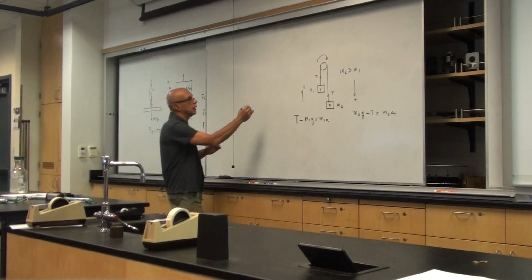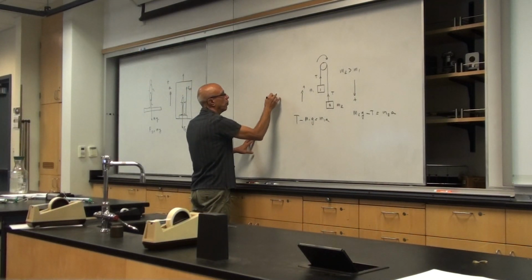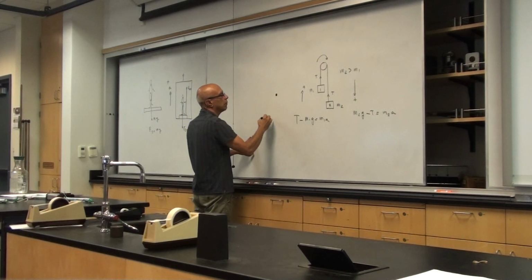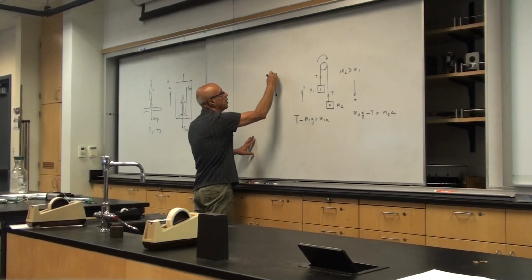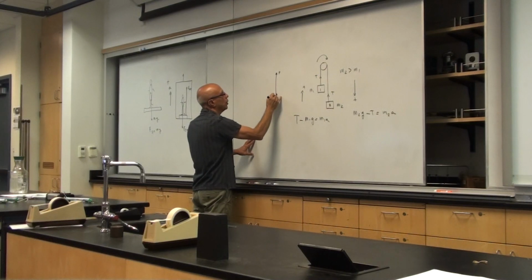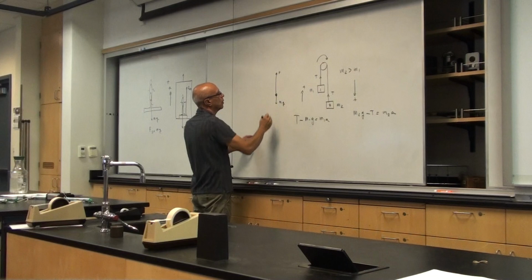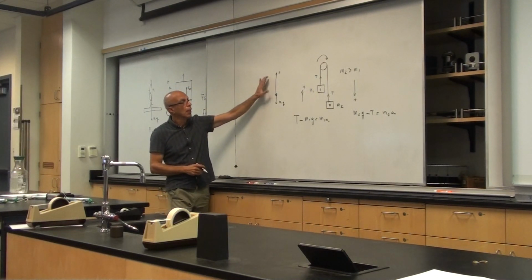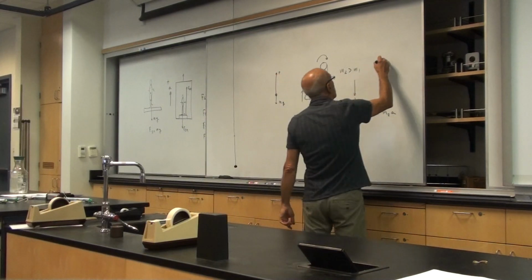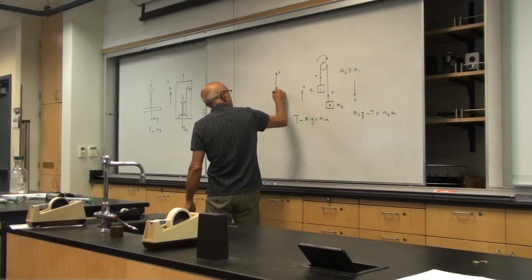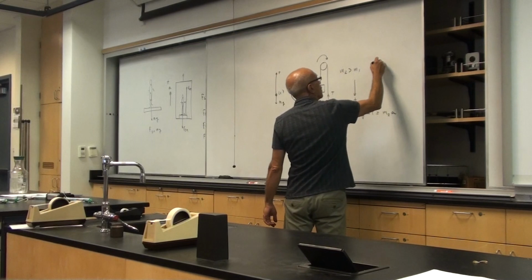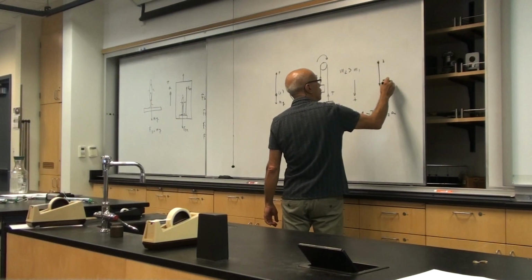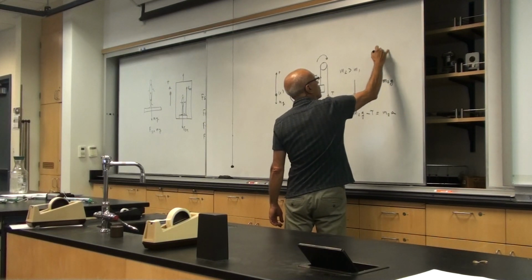So if this is my point object, T is going to be larger than M1g. This is my force diagram, okay? In this case, this is point 1. In this case, point 2. So M2g is going to be greater than T.